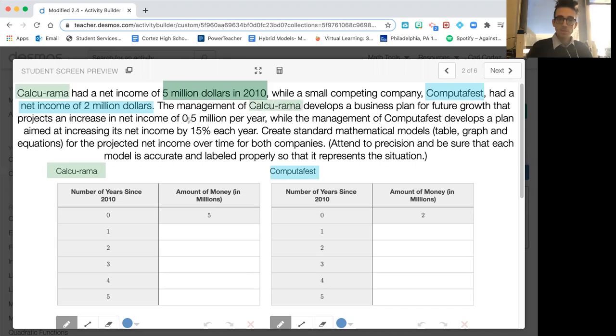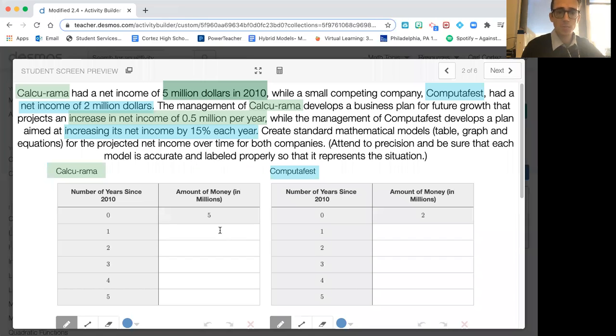So Calcurama is gonna increase by 0.5 million per year, whereas ComputerFest is increasing its net income by 15% per year. We're eventually making a table, a graph, and equations for how that's going over time. Did you highlight everything that I did? I think that's a really big part. Hope you did. All right, let's get into it.